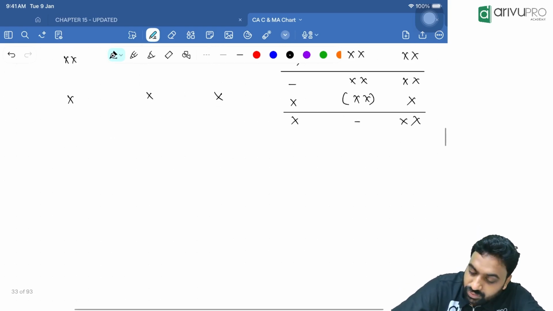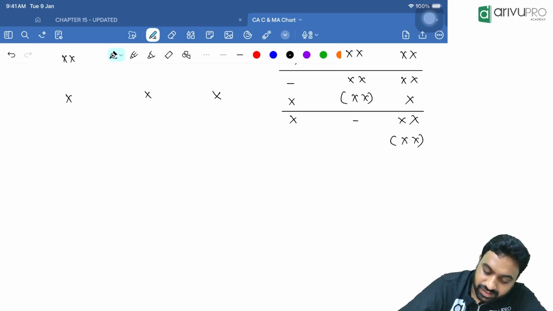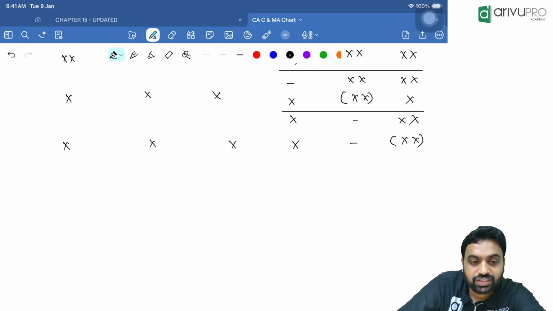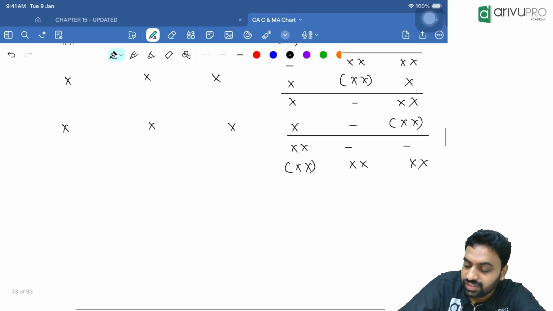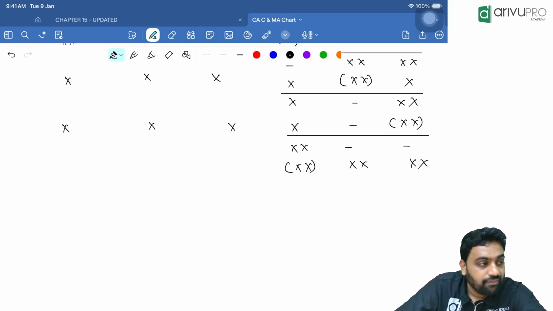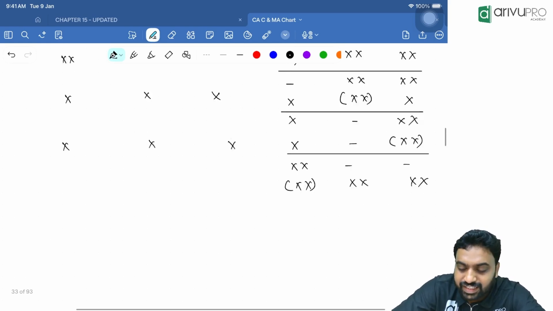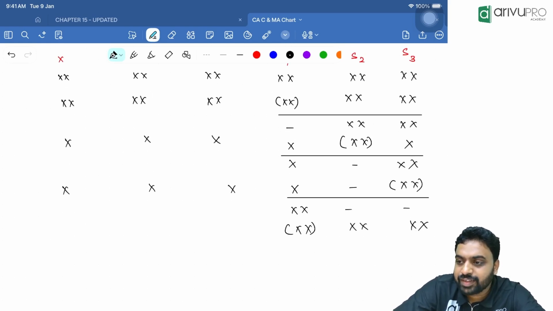Correct? Now S3 we will distribute to the production departments and S1, nothing to S2. That means this became nil. Now again I will distribute S1 to S2 and S3. That means it keeps on going, right? We should keep on doing this until all the service department values become negligible.